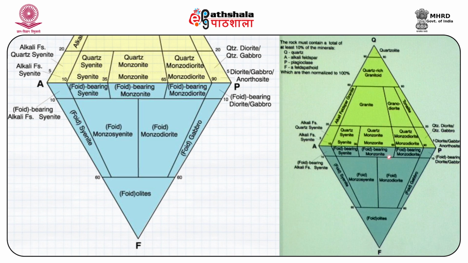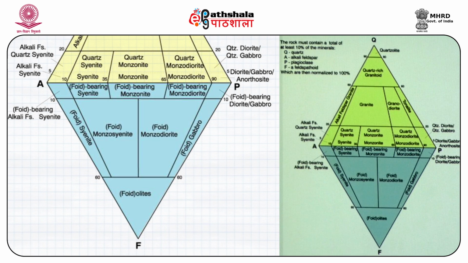So, these are another group of rocks which will not have any free silica, no quartz will be present, but they will have feldspathoid, alkali feldspar and plagioclase. So, these are the two ends. The rocks can be divided into quartz rich, also known as silica saturated rocks, and these are the silica undersaturated rocks.